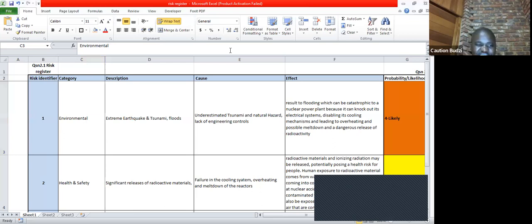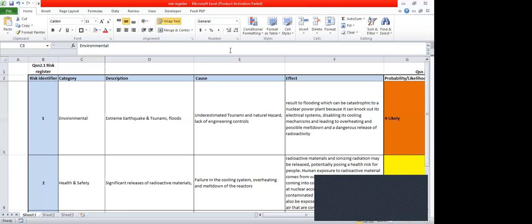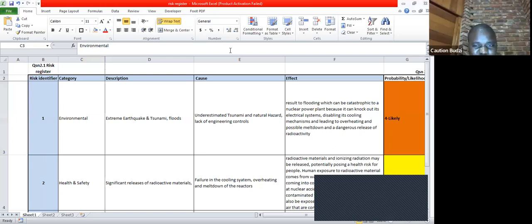So we are going to discuss part 1, question 2, and we are only discussing the category, description, cause, and effect. But since question 2.2 is a continuation from question 2.1, I just thought of using the same worksheet.